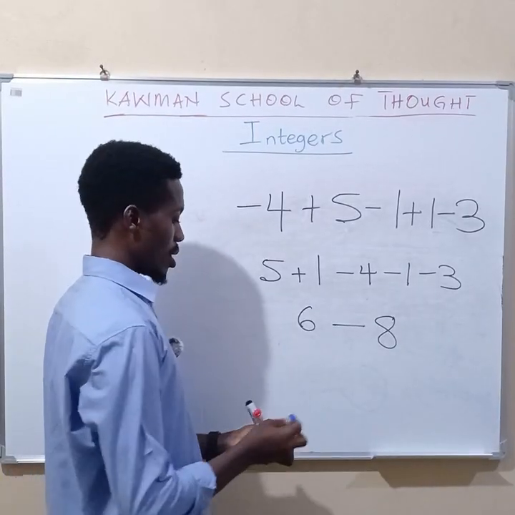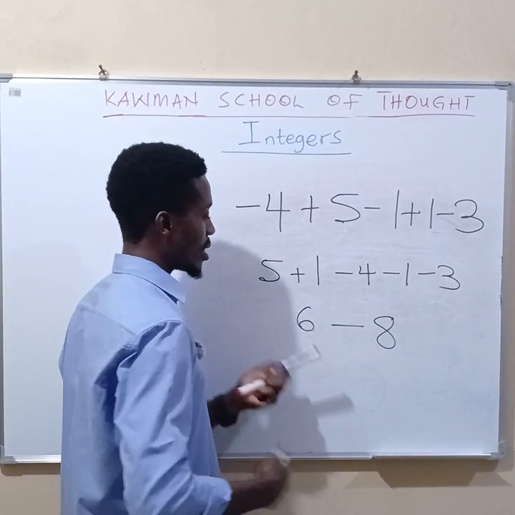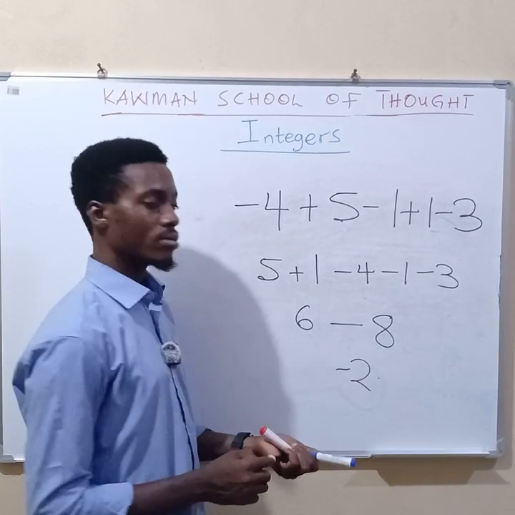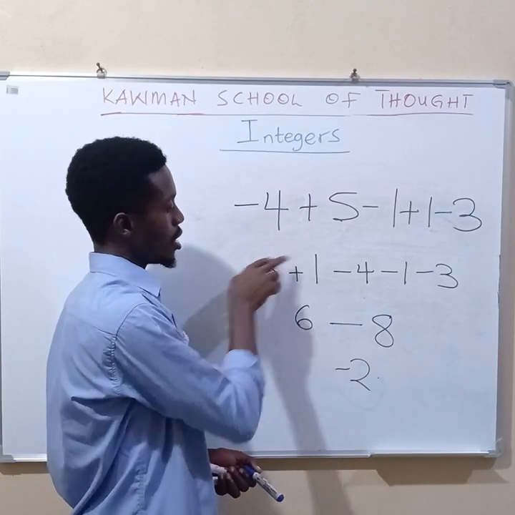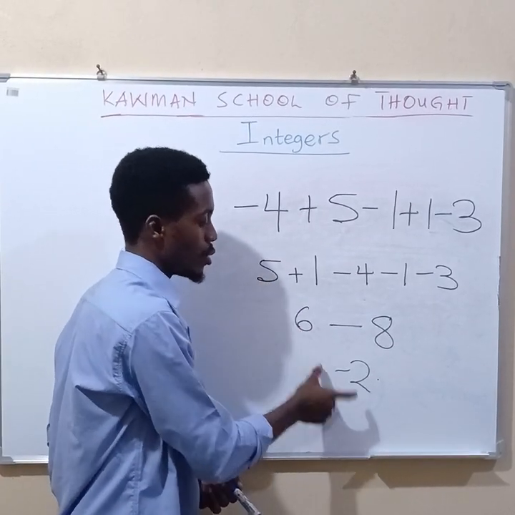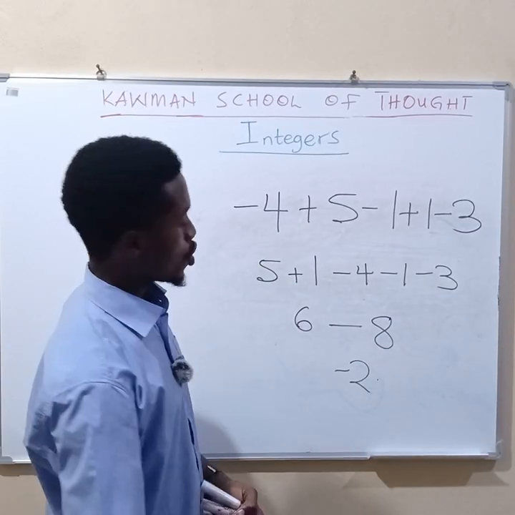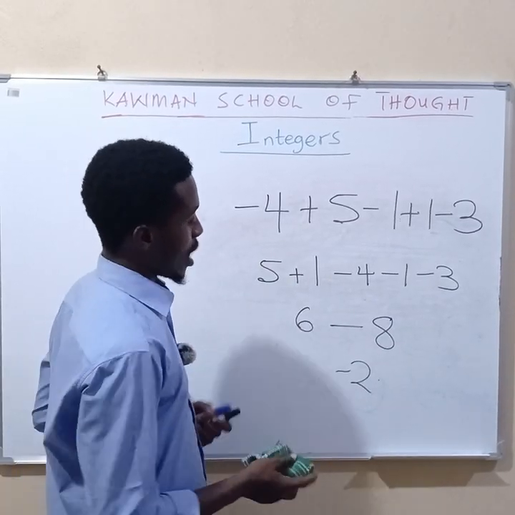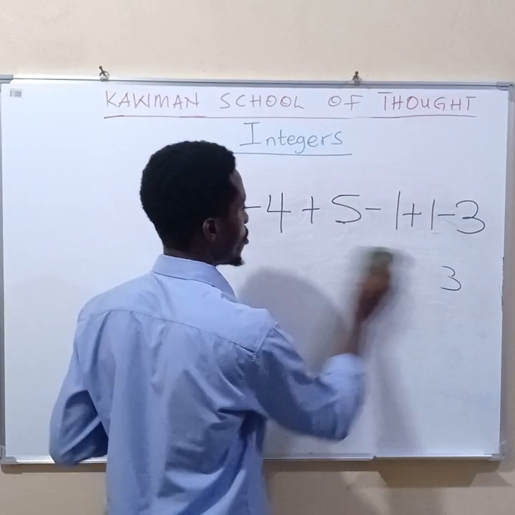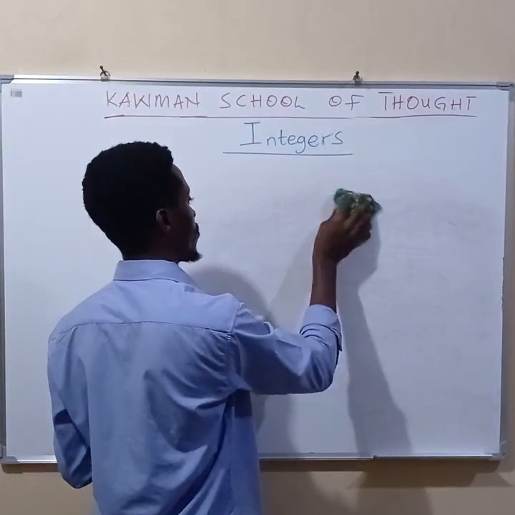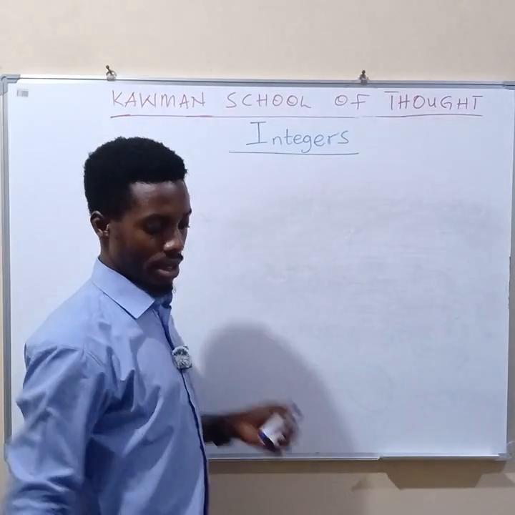So 6 minus 8 gives us negative 2. Have you seen it? Right from this, we simplify it, and we give our answer here. Very easy, systematically. So this is the better way to go. If you're like me who cannot do this on top of your head, this is a better method.